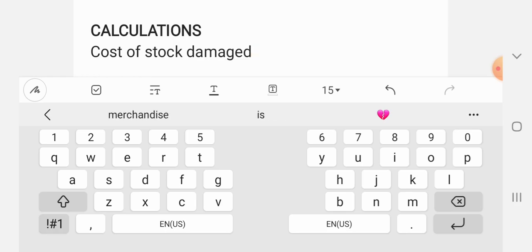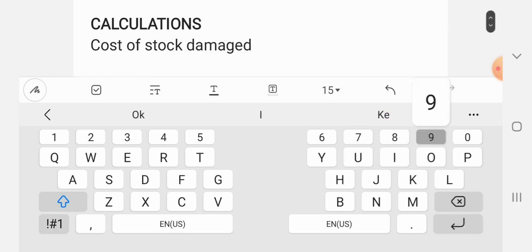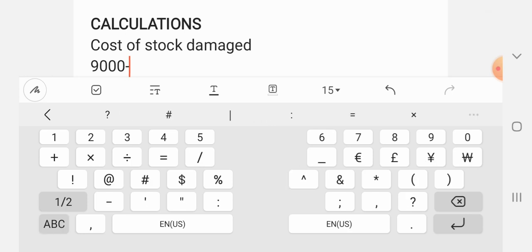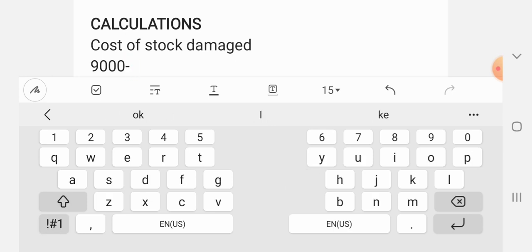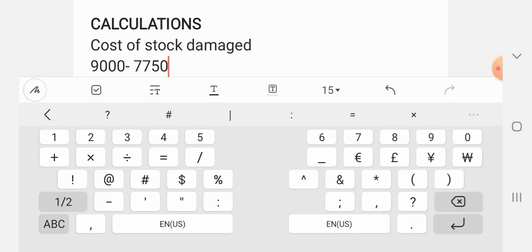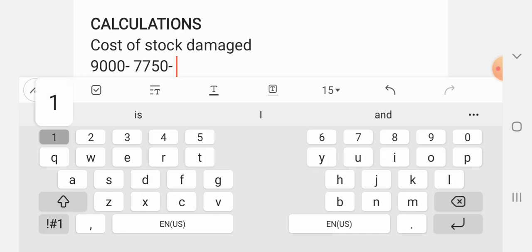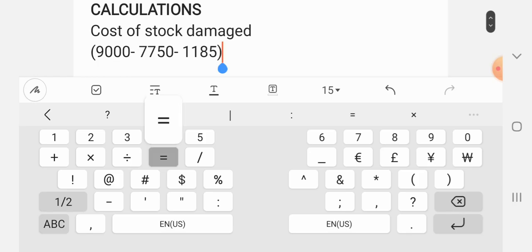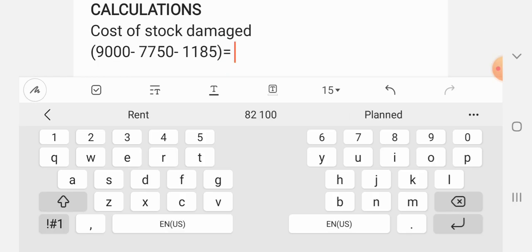So cost of stock damaged, I said we will take the 9,000 and then we'll subtract the 7,750, which was stock sold, and then minus the closing one, 1,185. We can put that in brackets, and that will give us 65 units.